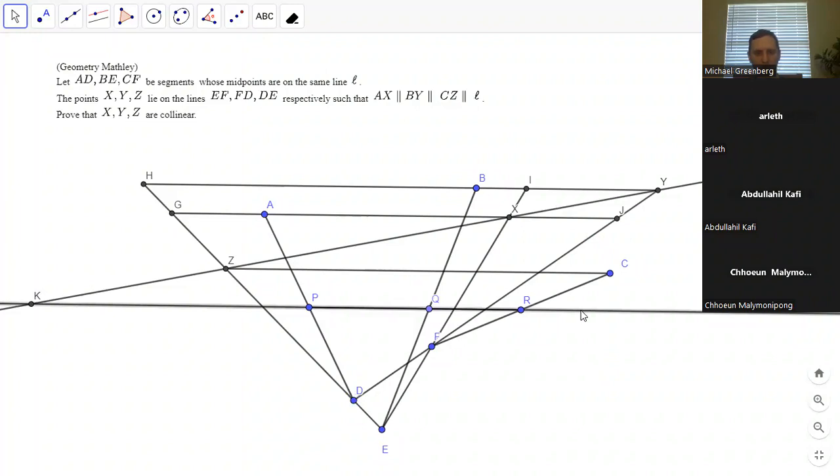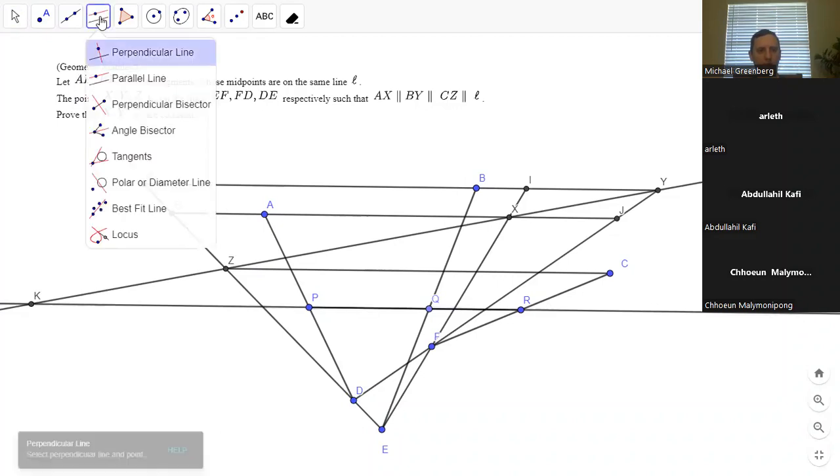And then I wonder if we can drop perpendiculars to the line.